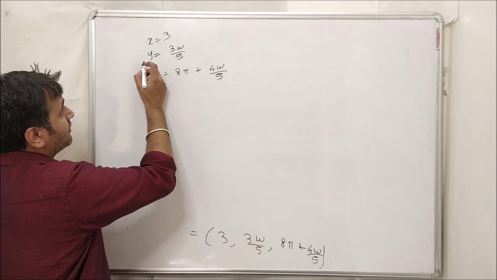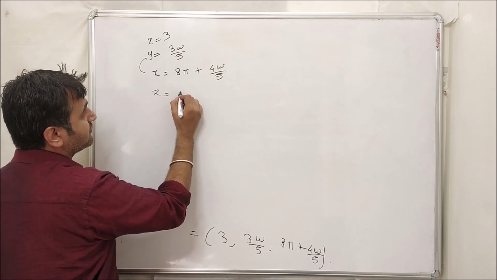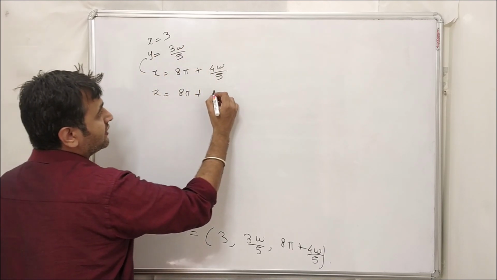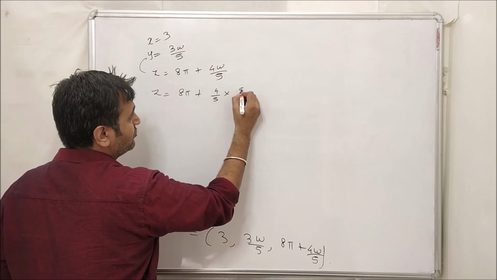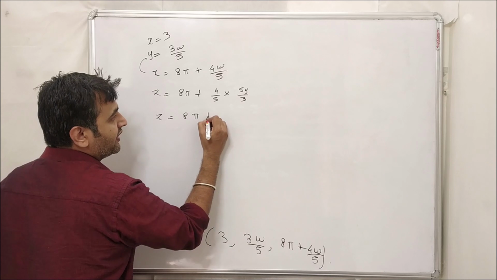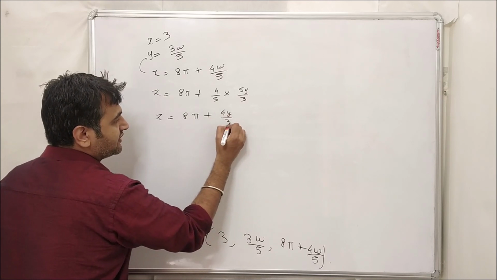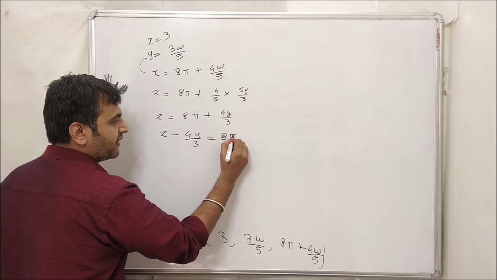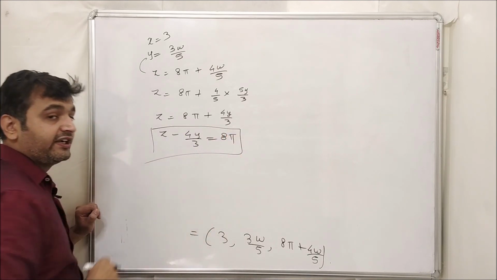So from here, if I combine these two, z is equal to 8 pi plus 4 by 5 times w, and w is 5y upon 3. Therefore z is equal to 8 pi plus 4y by 3. So z minus 4y by 3 equals 8 pi. So this is the equation in terms of x, y, z.